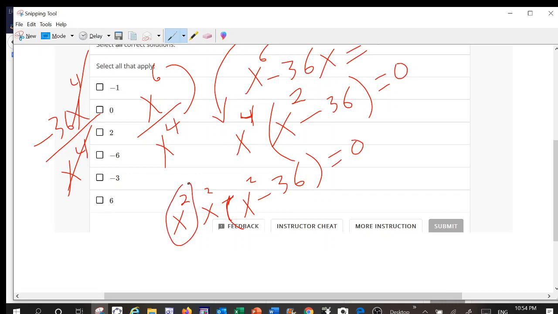Now they're all quadratic, right? So that means x to the second equal to 0. Well, that's x to the second equal to 0 again, which gives the same answer.